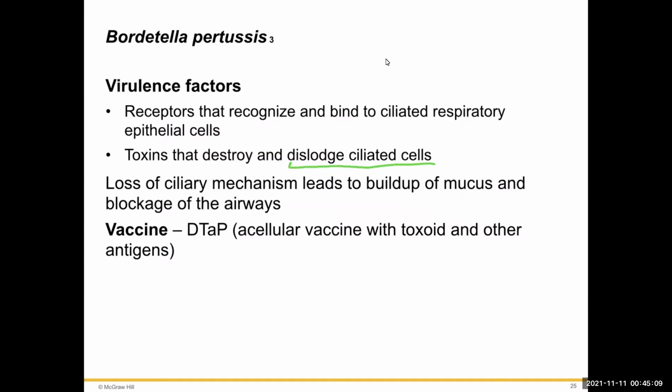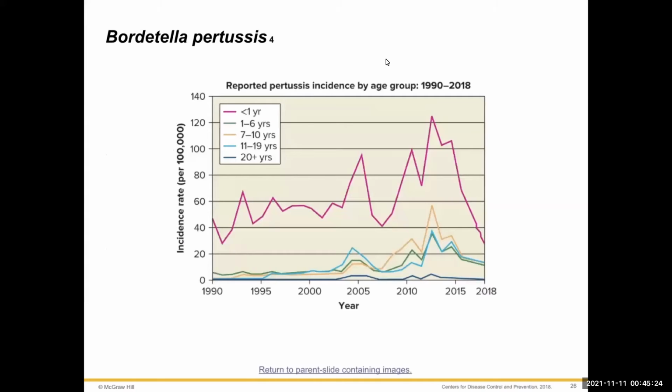You get loss of the ciliary mechanism, which leads to a buildup of mucus, and the mucus blocks the airways. You get that very forceful cough. The vaccine is the DTaP vaccine, an acellular vaccine with toxoid and other antigens. This is Bordetella pertussis, how it has been reported over the years. You see spikes in 2005 and 2015.